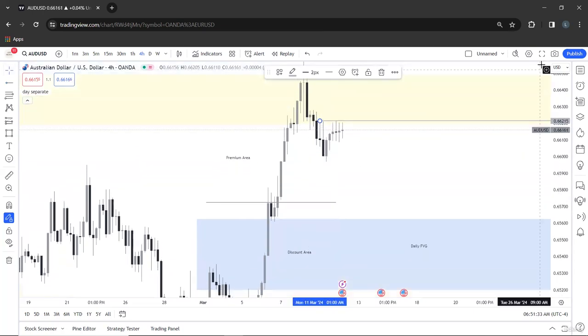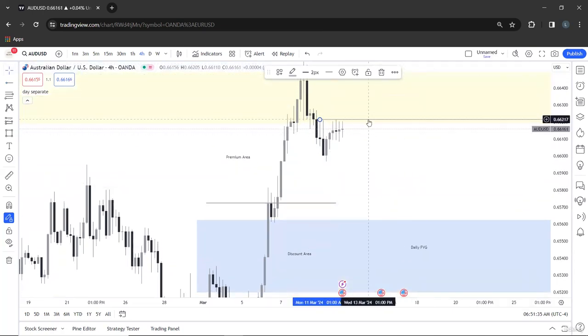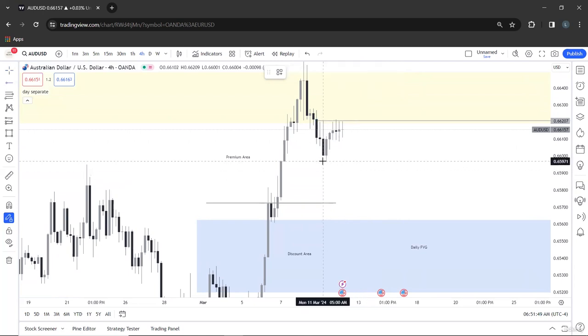Well, what that means is that it has gone above this swing high right there. You can see price just traded right above it. So the next level of liquidity, this is not a closed candle yet, so we can call this a low, a sell side low. This is the next sell side low.